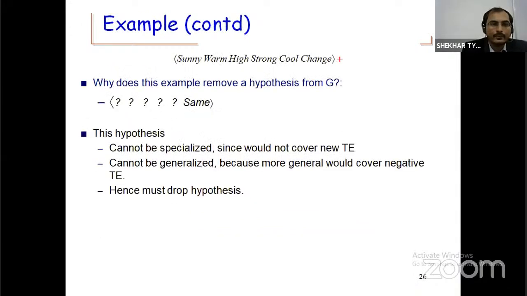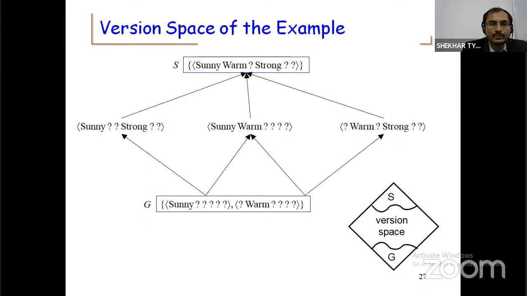Moving on, this is the condition where we are moving from a generalized hypothesis to a specific type of hypothesis, and we are plotting the version space graph for the candidate elimination algorithm. There is a slight change between the version space graph of the Find-S algorithm and that of the candidate elimination algorithm. We are marching from specific to generalized hypotheses.